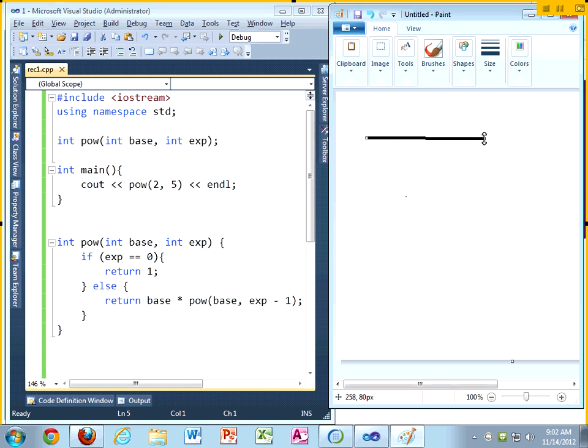No, I need to be bigger than that. And it's going to have 3 columns.